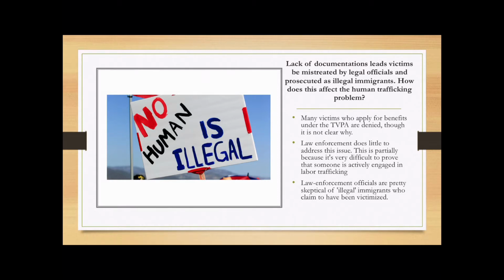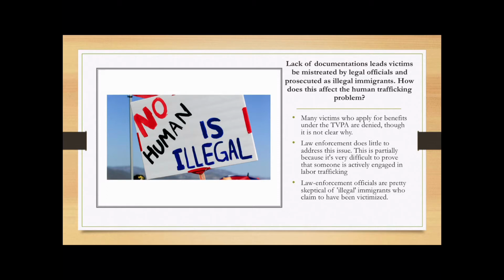What's more, it's evident that law enforcement does little to address this issue. This is partially because it's very difficult to prove that someone is actively engaged in labor trafficking. Law enforcement officials are pretty skeptical of illegal immigrants who claim to have been victimized.